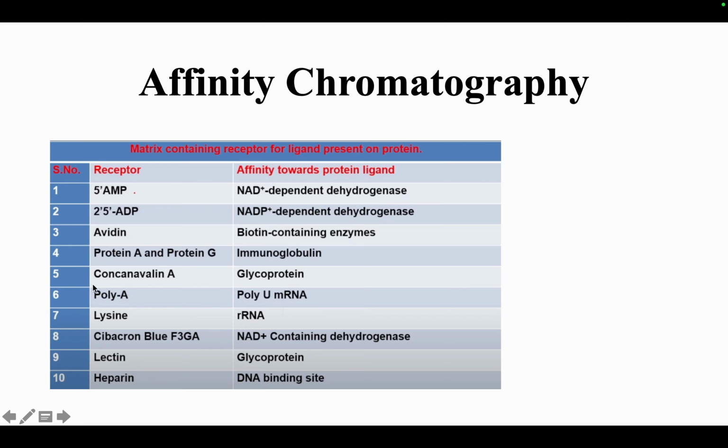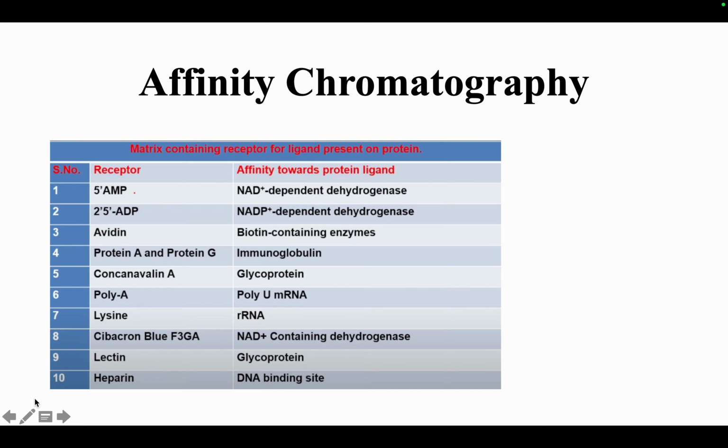This is RNA hybridization, if you can say. Similarly, lectin will bind to glycoprotein. If we have a DNA binding site which has a specificity for heparin, we can separate the heparin also.